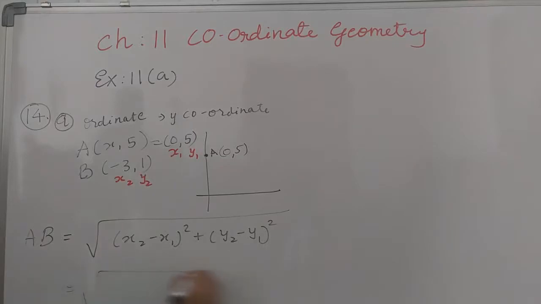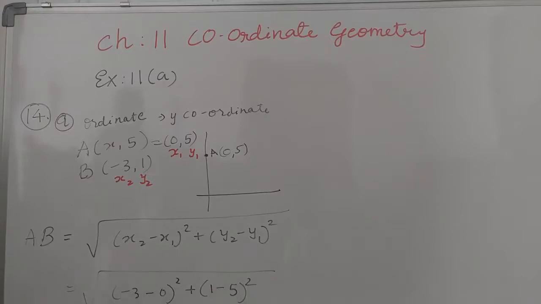So now x2 value is minus 3, x1 is 0, whole square, y2 value is 1 minus y1 is 5, whole square, which is equal to minus 3 square is 9, 1 minus 5 is minus 4, minus 4 square is 16.